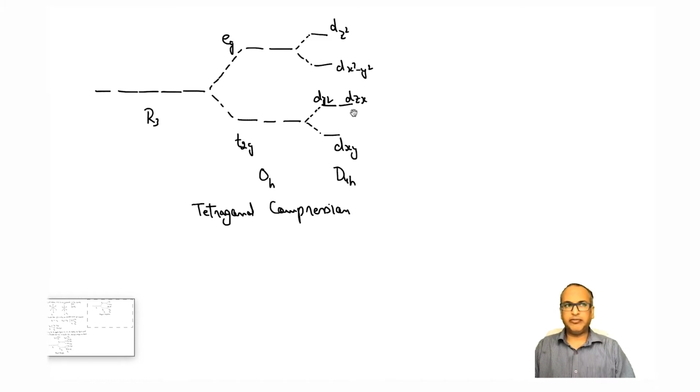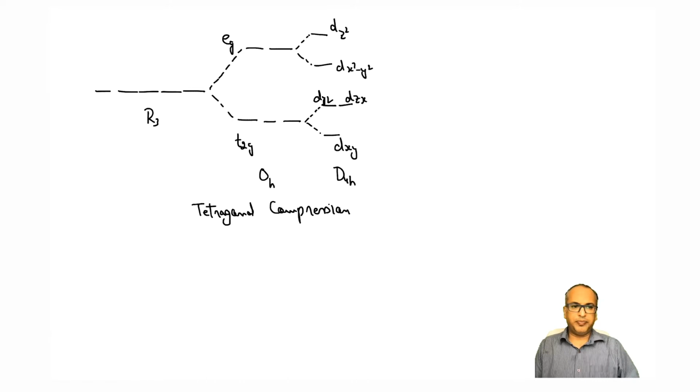So that is, if there is a compression along z-axis, there is elongation along xy axis. If there is compression along xy axis, there is elongation along z-axis. So that is to stabilize or to balance the loss of energy and gain of energy.